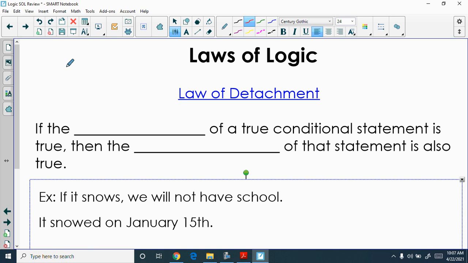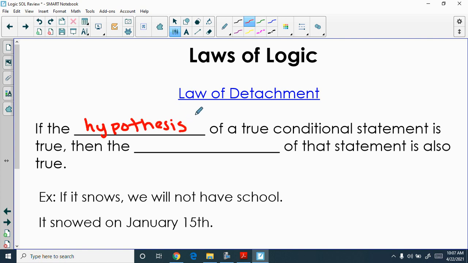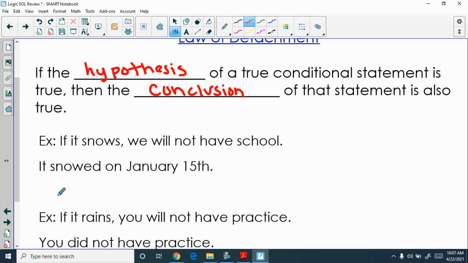So now let's talk about a few laws of logic. Our first one we're going to talk about is the law of detachment. So if the hypothesis of a conditional statement is true, then the conclusion of that statement is true. But if we know that the conclusion is true, we can't assume that the hypothesis was the reason why it happened. So for example, we have, if it snows, so that's my P, we will not have school.